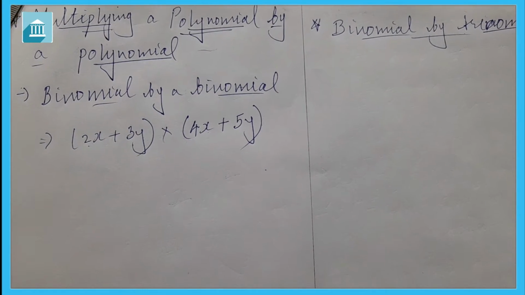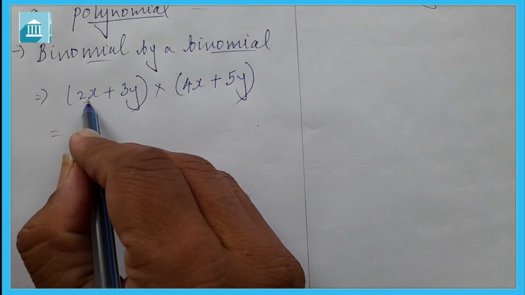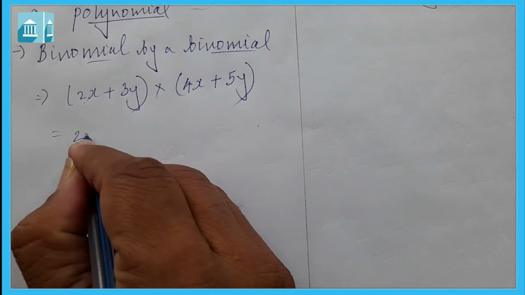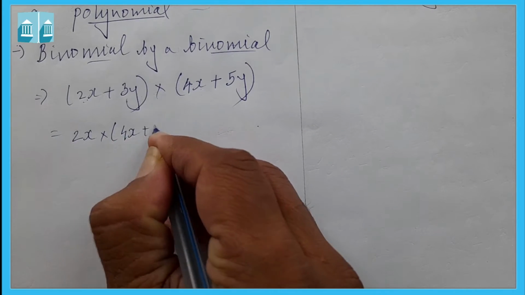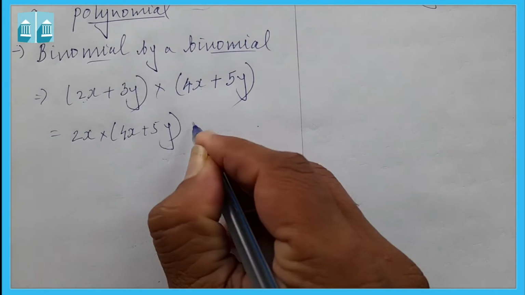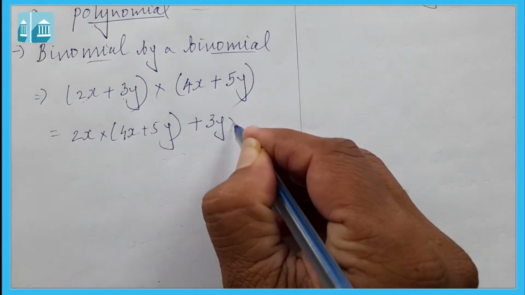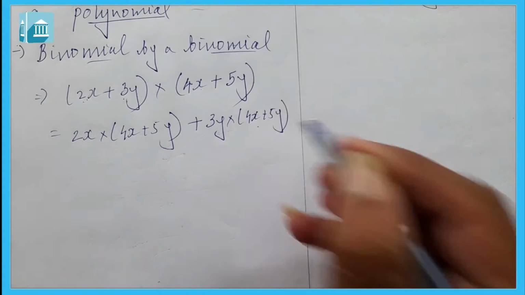Now how to multiply it? When we multiply it, first we have to multiply the whole expression by 2x, that is 2x into 4x plus 5y, plus 3y into 4x plus 5y.